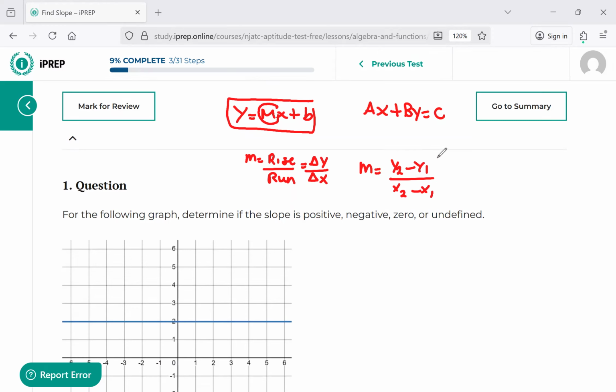Okay, so I think we're going to use this formula. This is technically a linear line, and what we've got to do is figure out what the slope is. I forget whether a horizontal or a vertical line is zero or undefined.